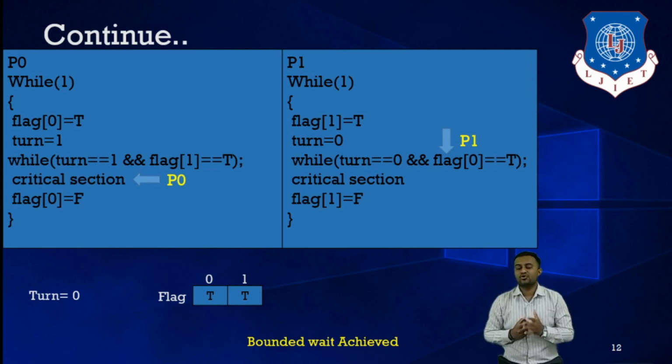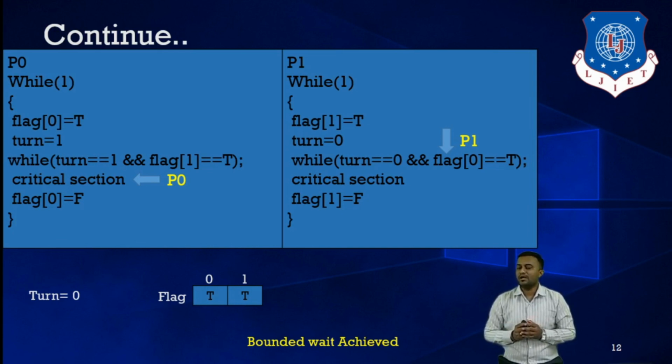So flag of 1 is true and the turn variable is set to 0. Now the turn condition is true and flag of 0 is also true. Both are true. In this case, P1 will do a busy wait because both conditions are true.